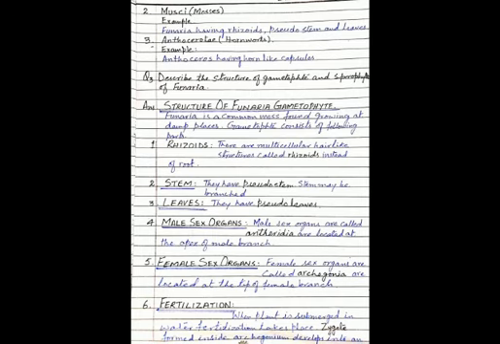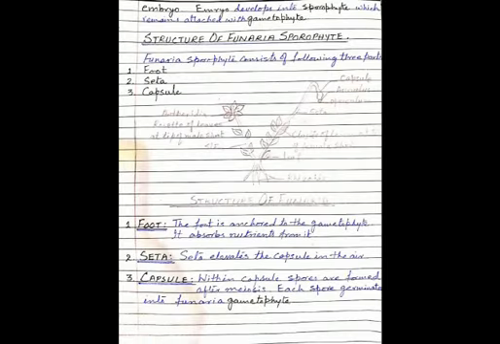Zygote formed inside archegonium develops into an embryo. Full stop. Embryo develops into sporophyte, which remains attached with gametophyte.